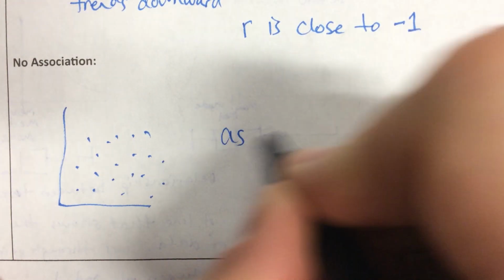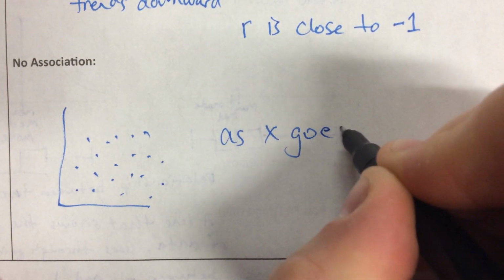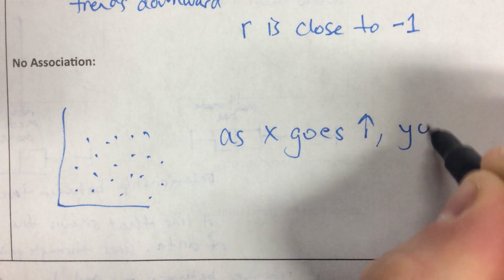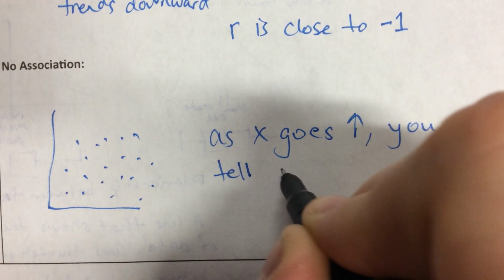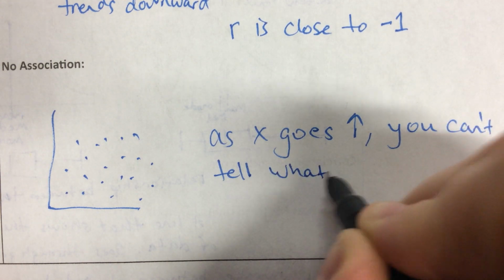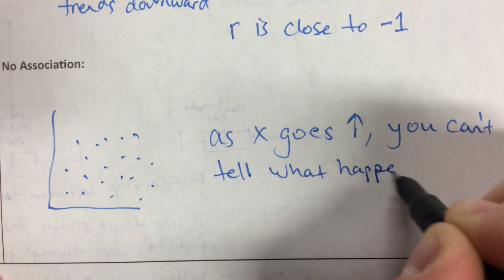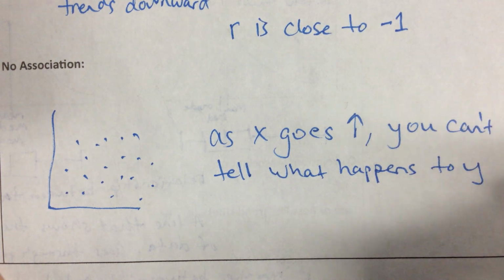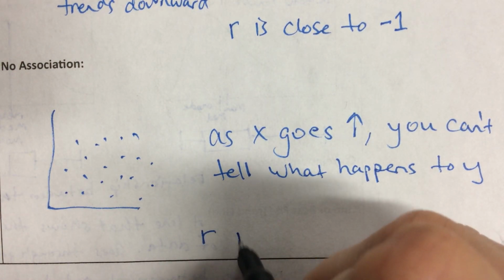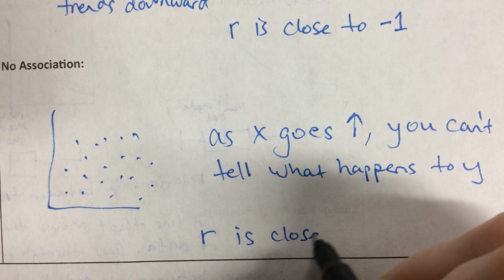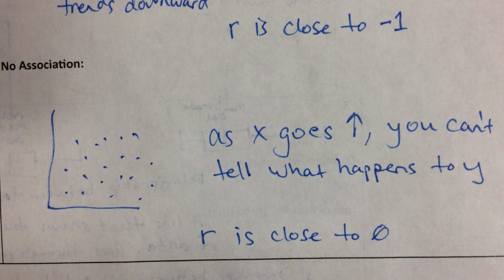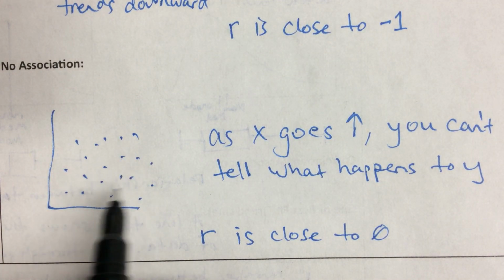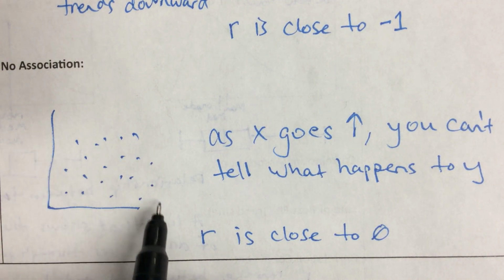As X goes up, you can't tell what happens to Y. R is close to 0. So I can't tell where my line's going. It might be going up, it might be going down.